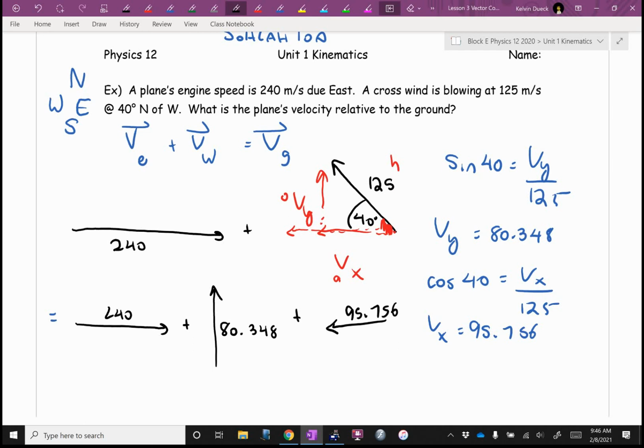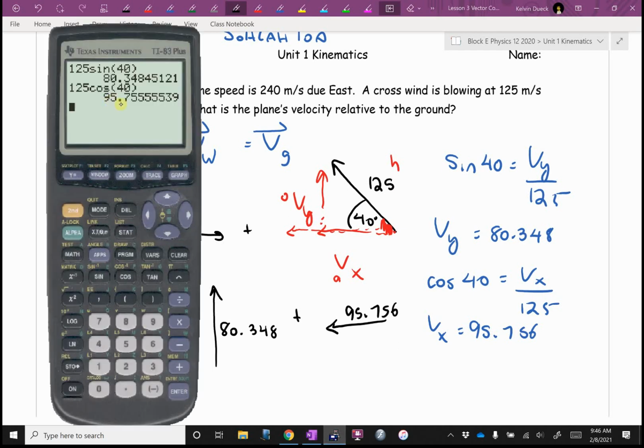Since they're in opposite directions, I'm going to go bigger minus smaller. And you know what? I'm going to use my answer button because I still have the 95.75 on there. I'm going to go 240 minus answer button because that's less typing and more accurate. And I get 144. Which direction is the winning direction? To the right or east.